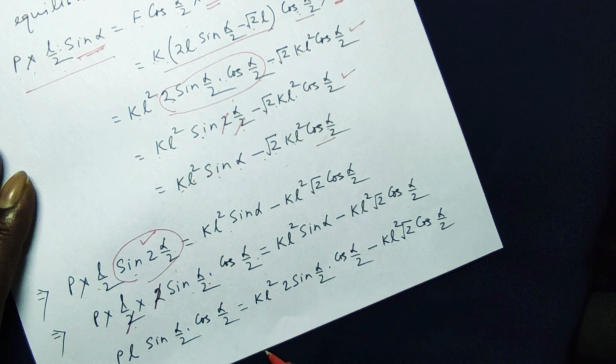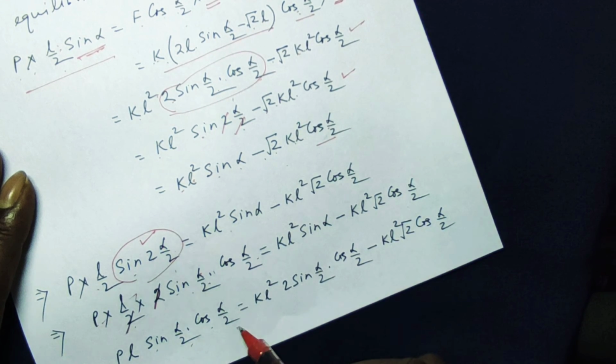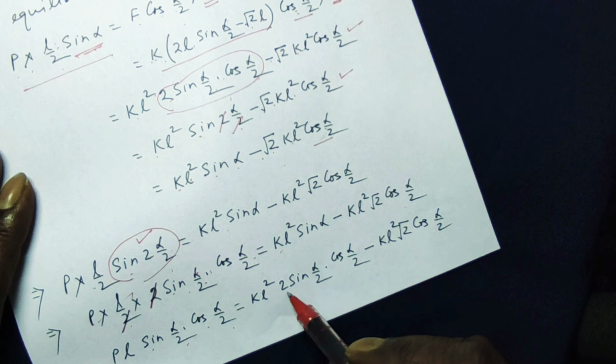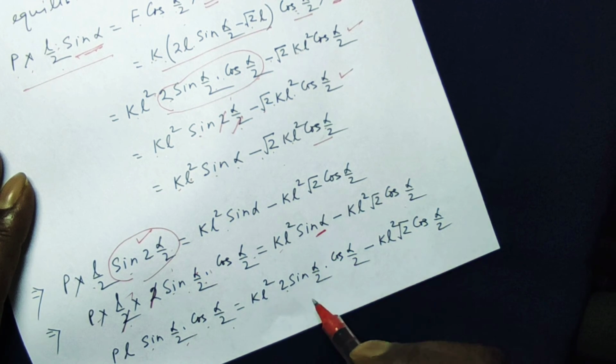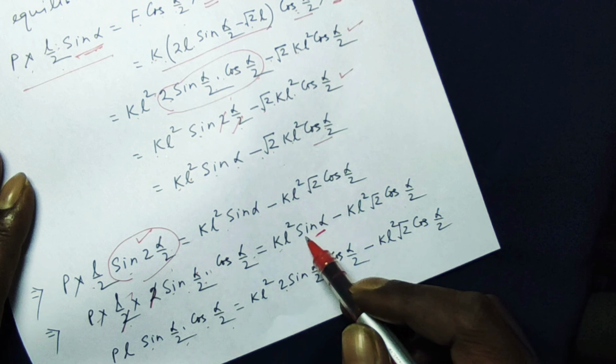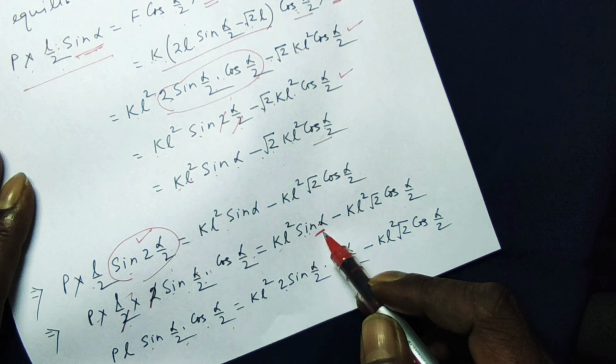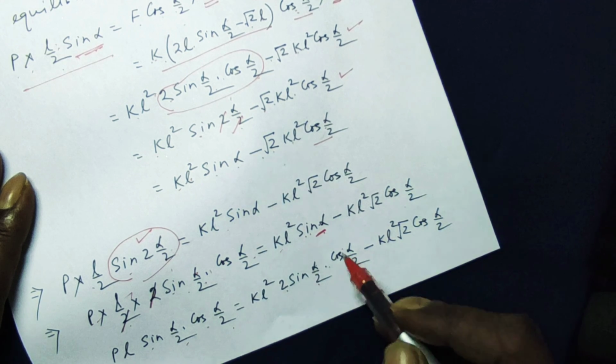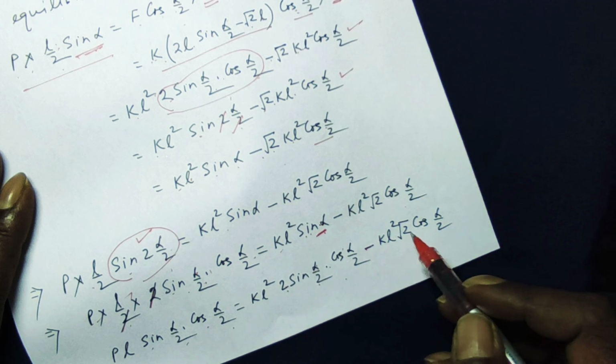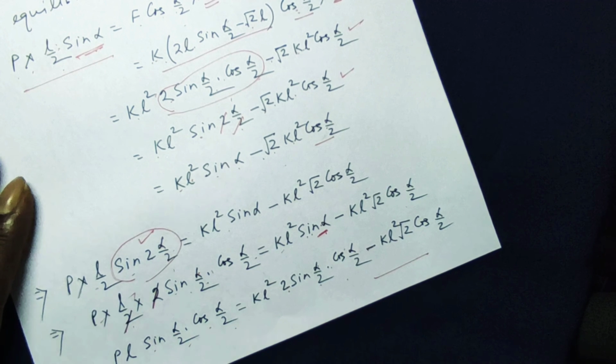Now let me change it again: sin alpha is equal to sin 2 times alpha by 2, that is equal to 2 sin alpha by 2 cos alpha by 2, minus KL square root 2 times cos alpha by 2.